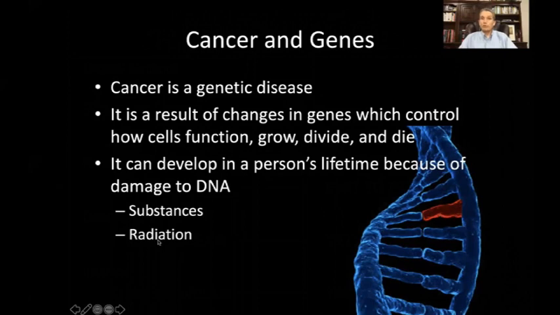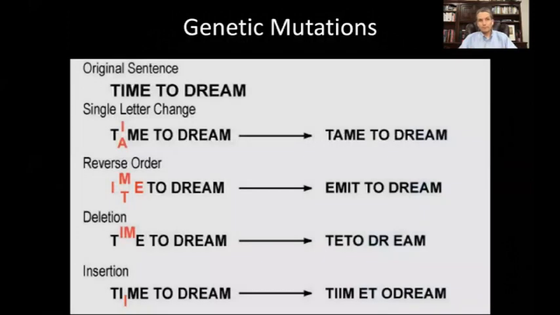Or you can have radiation, ionizing radiation like X-ray, gamma rays, and other things like that, or ultraviolet radiation over a long period of time. That can damage DNA, and if the DNA repair mechanism gets messed up or is overwhelmed, then you can have some more permanent and concerning dysfunction, including the development of cancer.